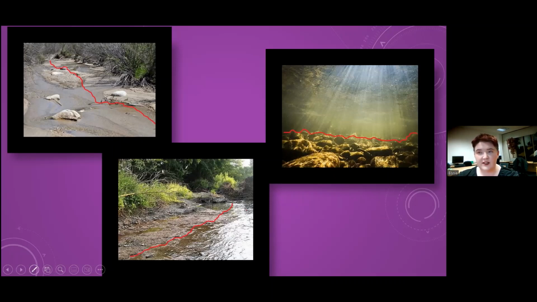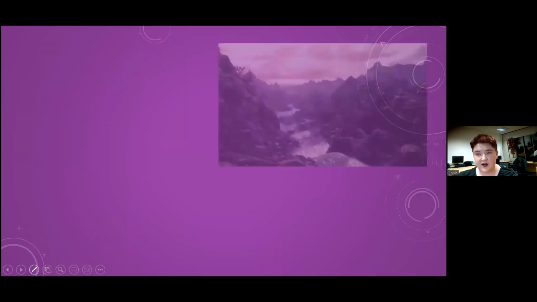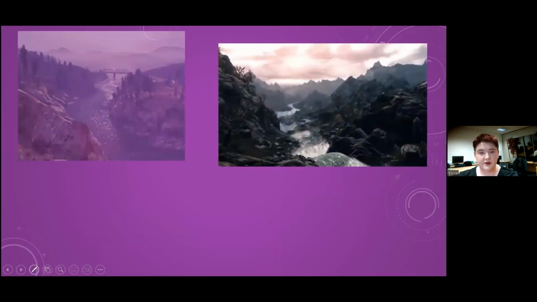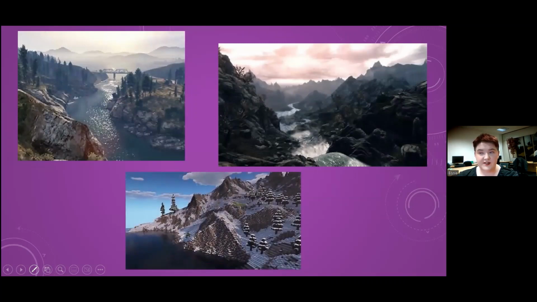I began looking at video games. Creators of video games often use fractal geometry to procedurally generate a realistic looking landscape. This method can create a vast amount of ground of all kinds of shapes and sizes with a relatively small amount of effort. This is how the terrain in Skyrim, Grand Theft Auto, and even Minecraft were generated, and many other games.